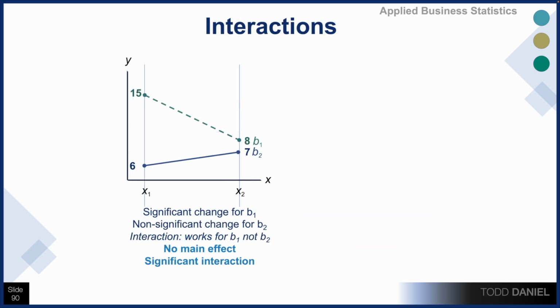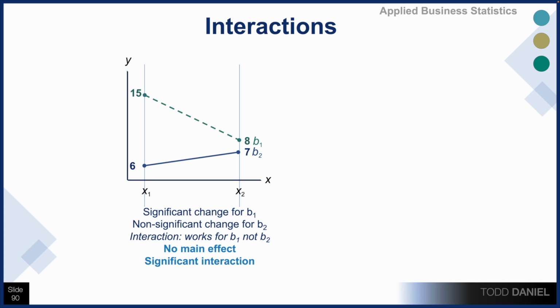In this example, however, we're seeing non-parallel lines that are going in different directions. This is where we're getting an interaction. The first group, B1, dropped from 15 to 8. There's a statistically significant main effect of a drop there. The second group went from 6 to 7. It's probably a non-significant main effect there.